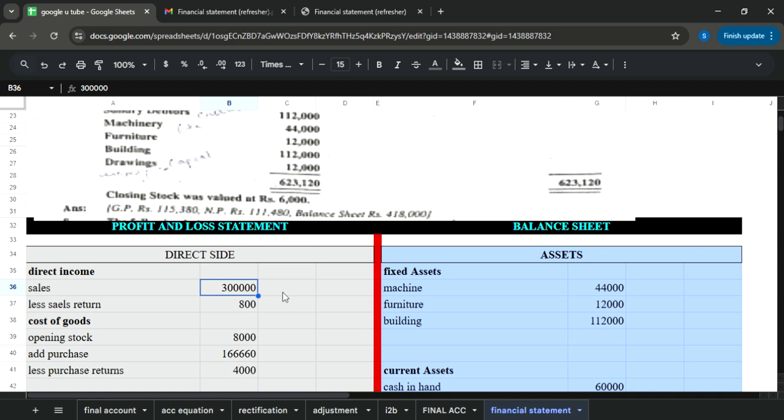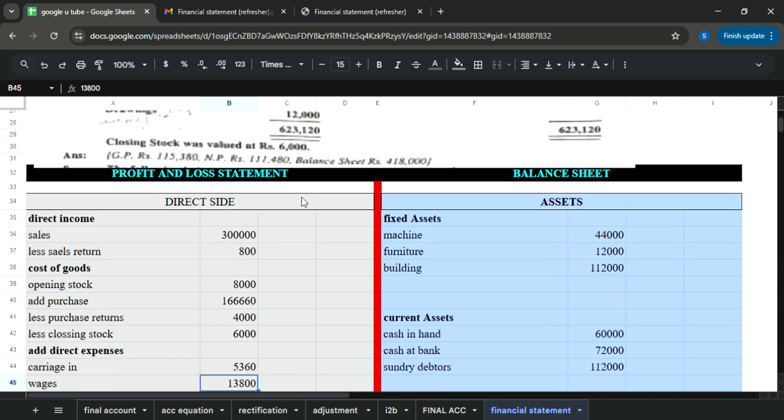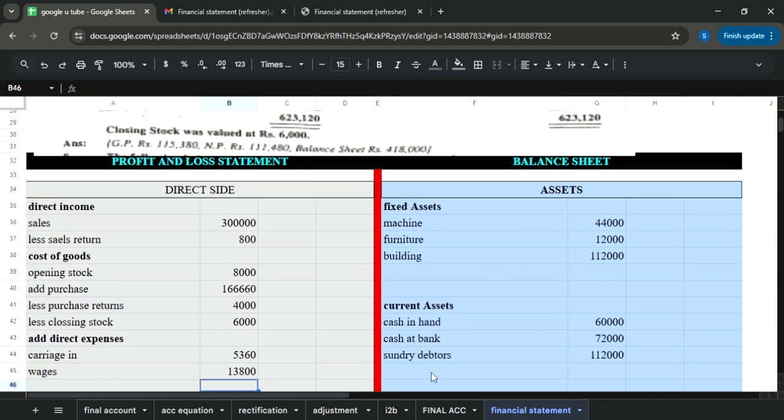So first, closing stock is part of your cost of sales. Amount of closing stock is 6,000, written over here, just mention. Once it is written, you will go to current asset side. Stock is unsold item, which is your asset. So here you will mention closing stock.